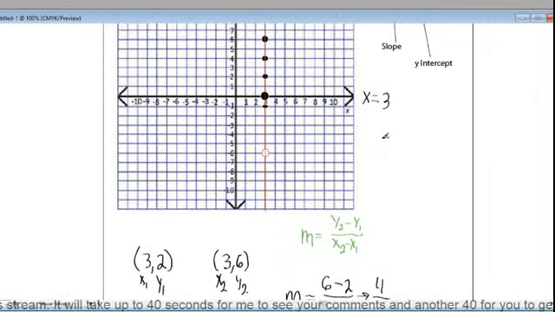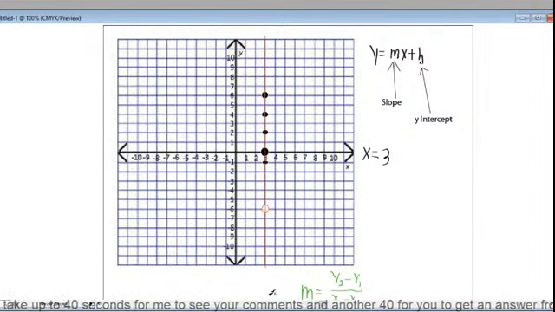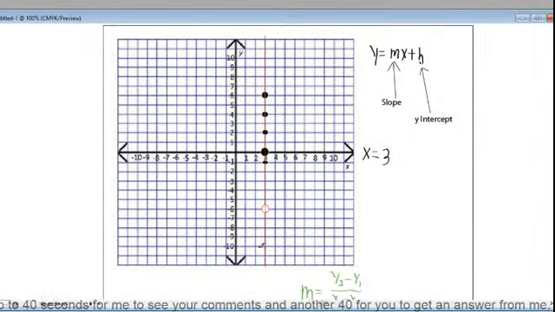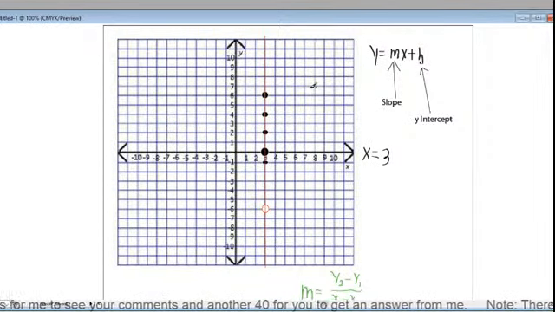So, if we have a line that keeps going straight up and down, no changes left to right, it means that we kind of don't have a slope. It's undefined. It's just this weird value.